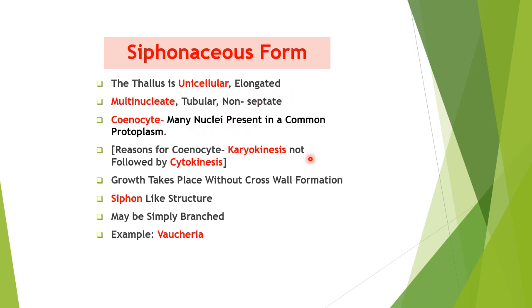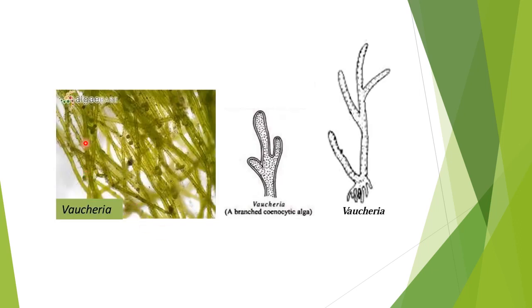How do we have so many nuclei in one single cell? That is only possible when the nucleus has divided multiple times, karyokinesis has taken place, but there is no septation, no cytokinesis. So growth takes place without cross-wall formation. That's why a coenocyte has a number of nuclei, and it is a siphon-like structure, maybe simply branched. An example is Vaucheria.